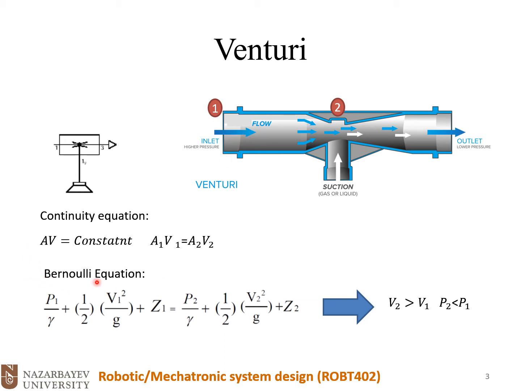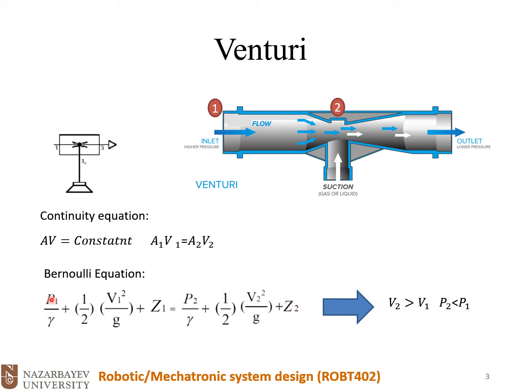Based on the Bernoulli equation, which is derived in fluid mechanics based on conservation of energy: P1 divided by gamma plus V1 squared divided by 2G plus Z1 is equal to P2 divided by gamma plus V2 squared divided by 2G plus Z2.